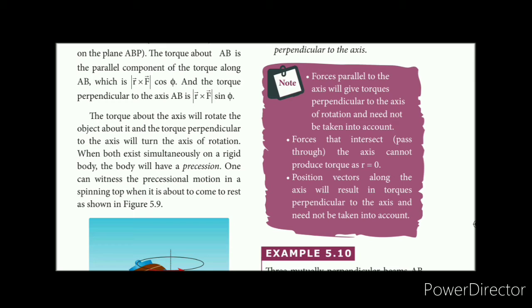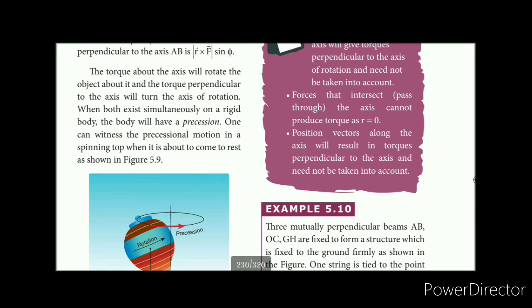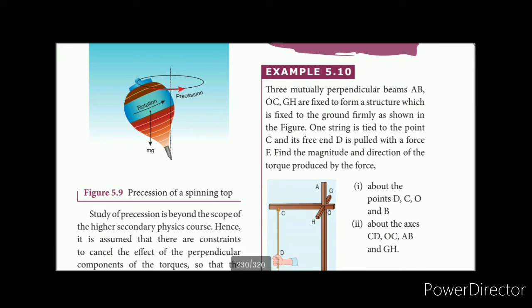The torque about the axis will rotate the object about it, and the torque perpendicular to the axis will turn the axis of rotation. When both exist simultaneously on the rigid body, the body will have precession. Precession we learned in the first lesson itself.